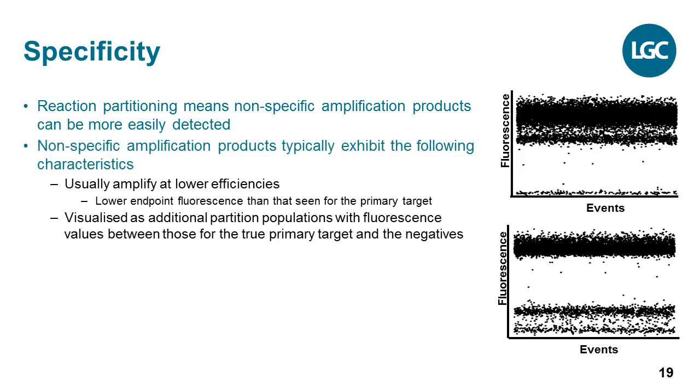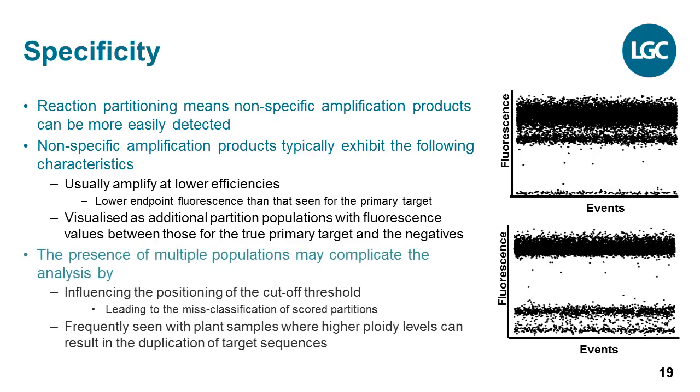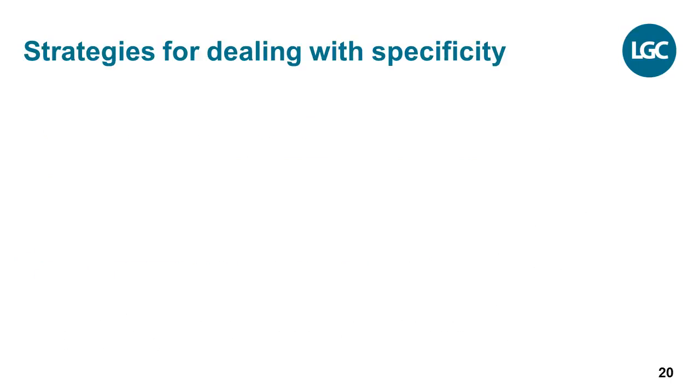Non-specific amplification products typically have a lower endpoint fluorescence signal when compared with a primary target, and can be visualized as additional partition populations with fluorescence signal values between those of the primary target and the negatives. Importantly, the presence of multiple partition populations may complicate analysis of the data by influencing the positioning of the cutoff threshold, which may lead to the misclassification of scored partitions.